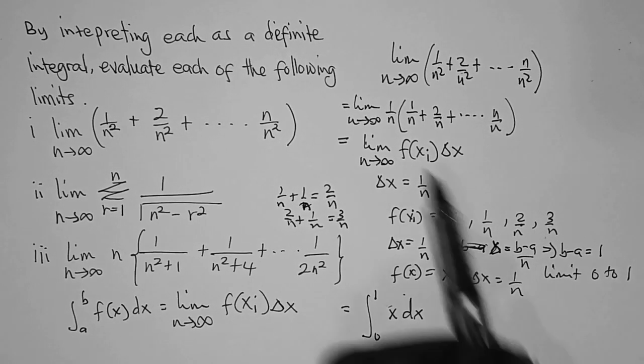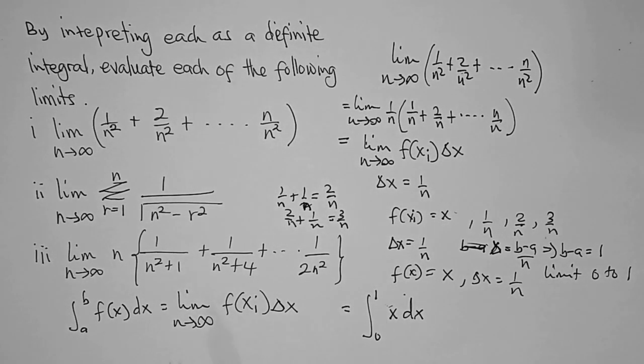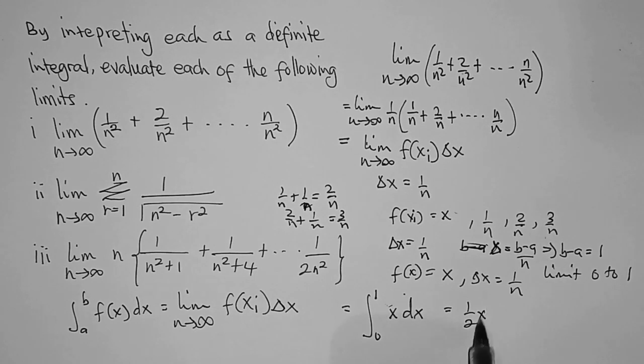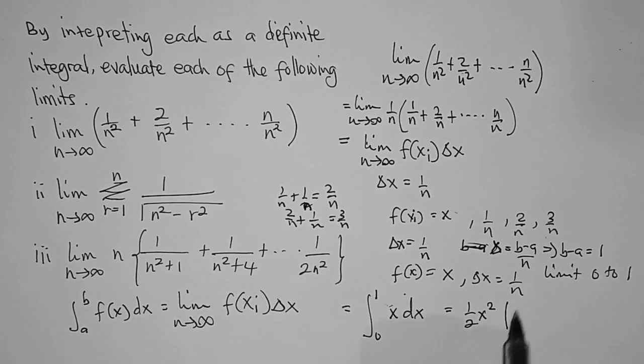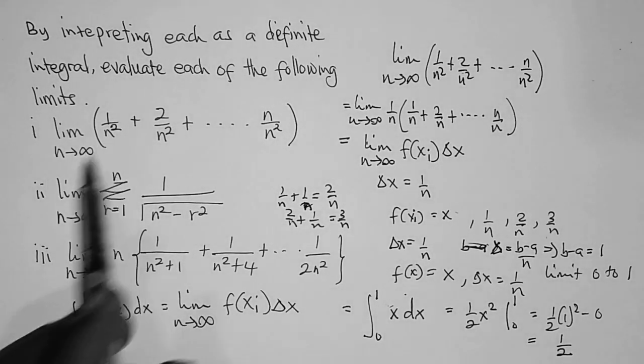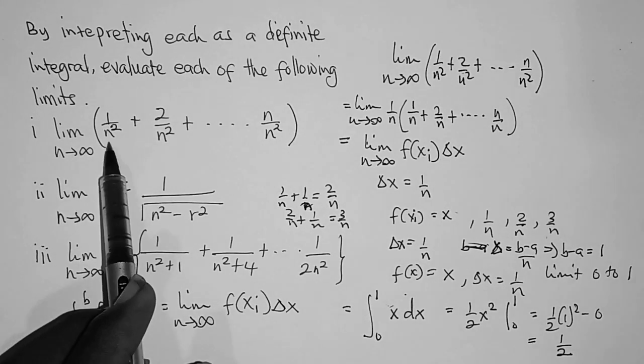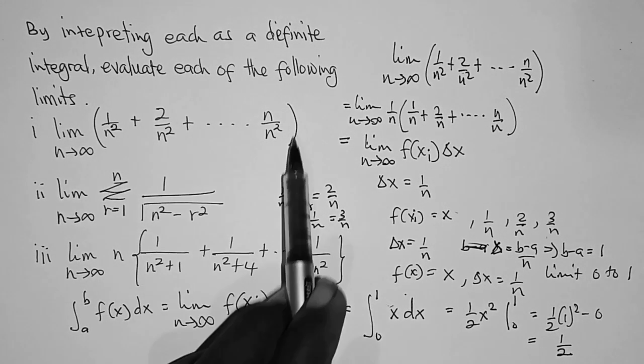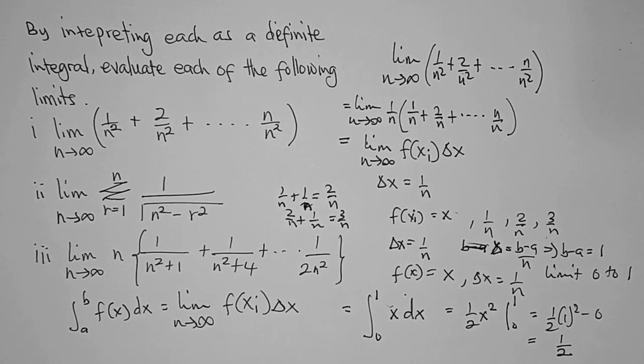So all of this is summed up into this integral. If you integrate this, you get 1 over 2 x squared evaluated at 0 and 1, which is equal to 1 over 2 times 1 squared minus 0, and that is equal to 1 over 2. So the limit as n approaches infinity of 1 over n squared plus 2 over n squared all the way to n over n squared is 1 over 2.